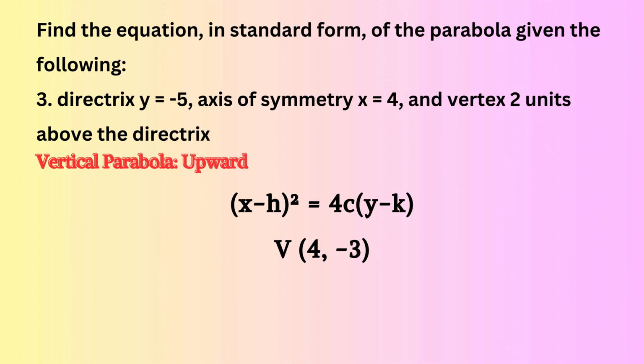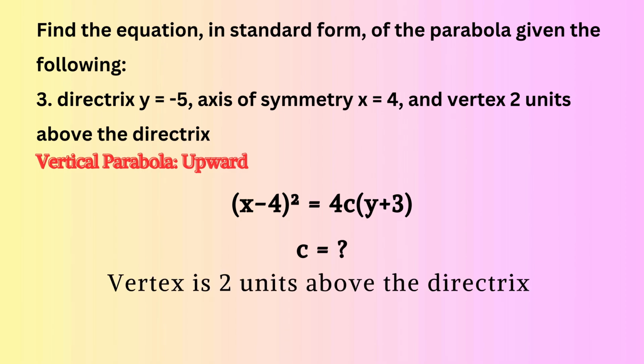After finding the vertex, we substitute h and k into our equation, so that we have (x - 4)² = 4c(y - (-3)), or (x - 4)² = 4c(y + 3). To find c, we will use the given that the vertex is 2 units above the directrix.